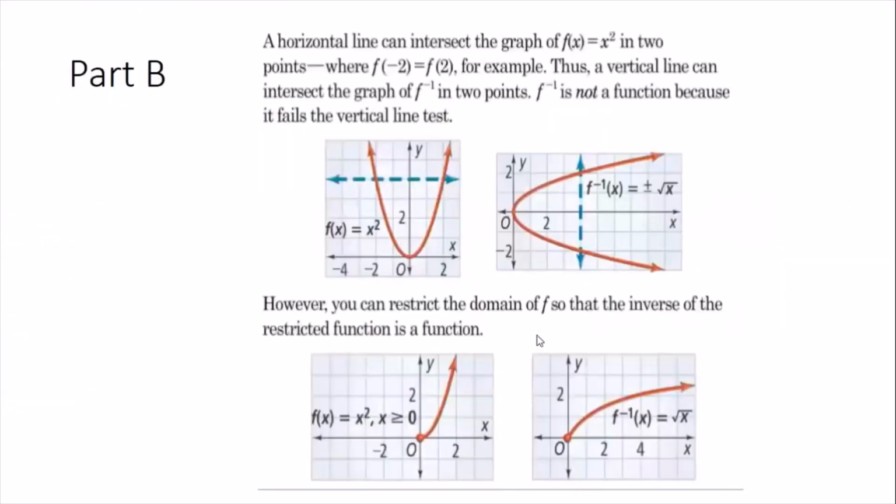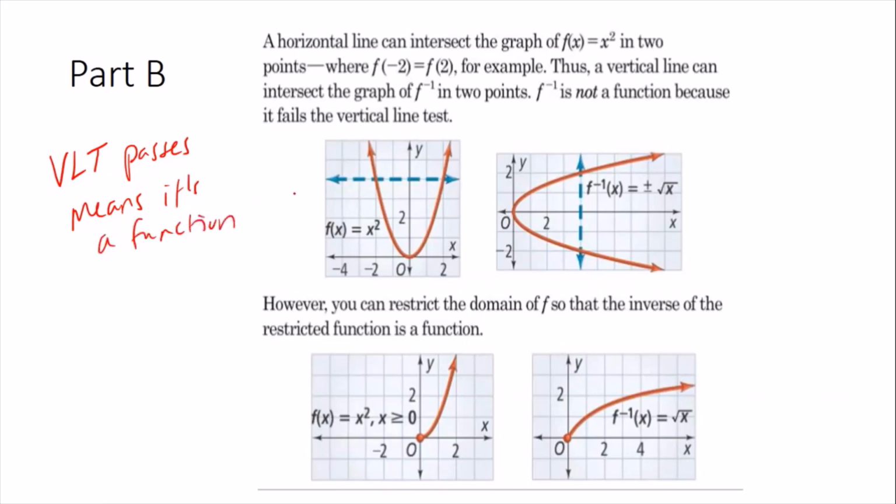So to start off with, do you guys remember the horizontal line test and the vertical line test from Algebra 1? Ringing some bells? Yeah? Okay, so the vertical line test, I'm going to write VLT for vertical line test, passes. That means it's a function, right? Means it's a function.